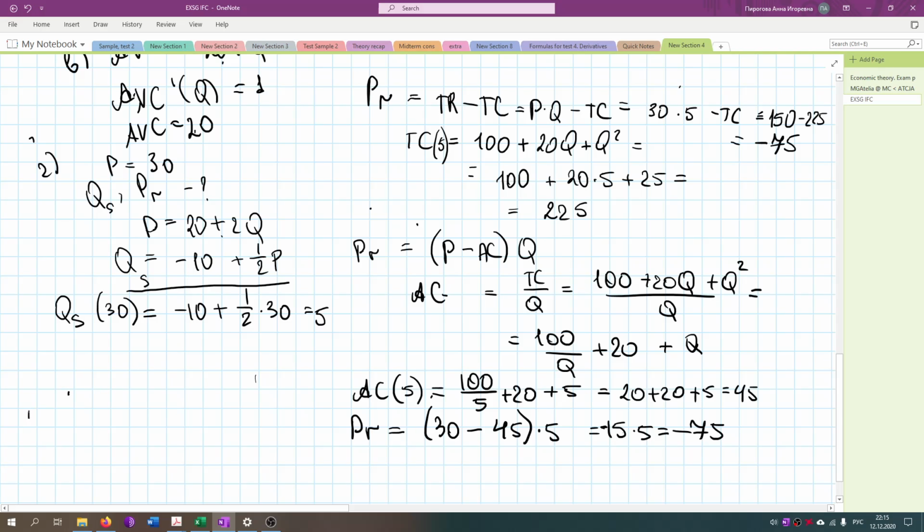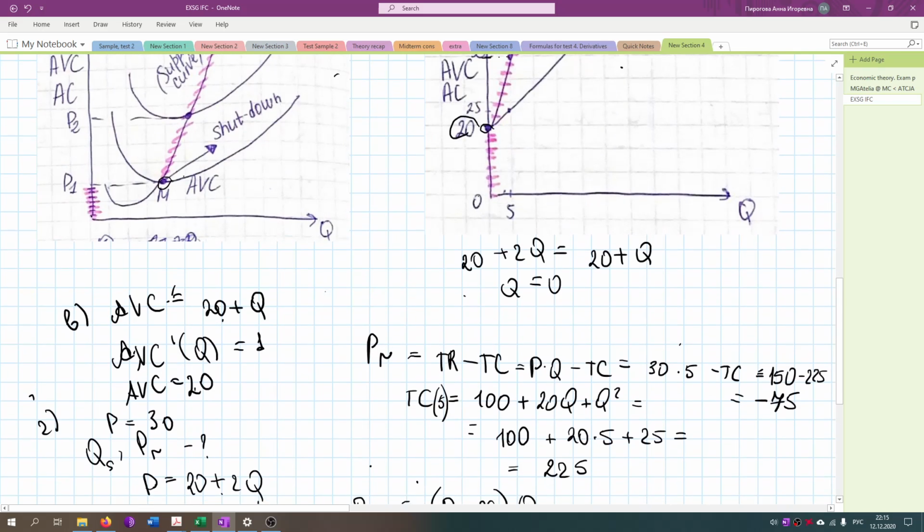So the full equation will look like this: here we will write this part because it is the second part which we actually used for our solution. Here the price should be more than 20, and in the first row we will write 0 because we will not produce anything if the price is less than 20.